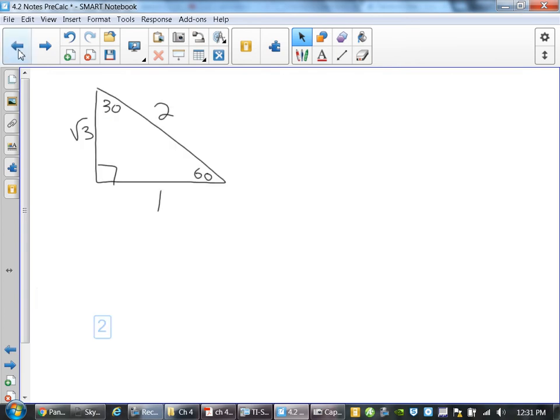Yeah, I thought the root 3 was done. Root 3 sounds about hypotenuse. Right there. Yeah.